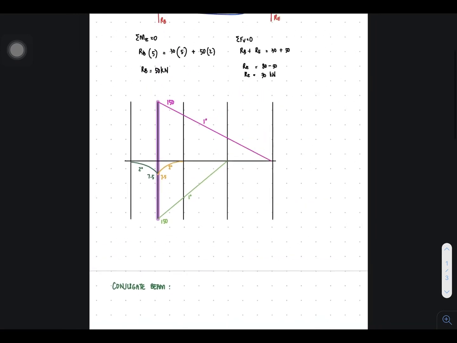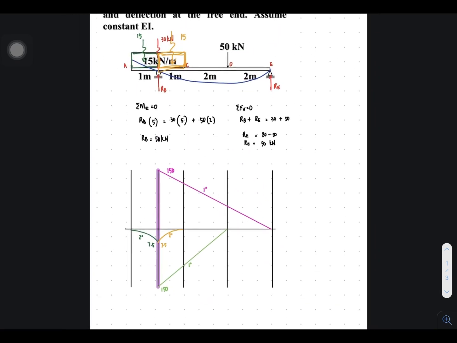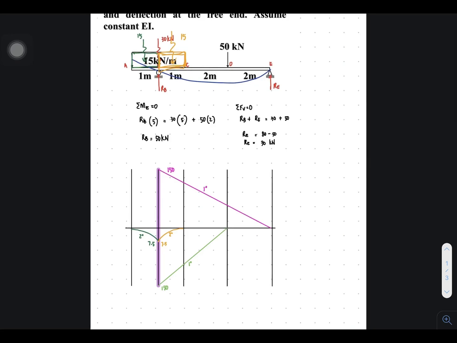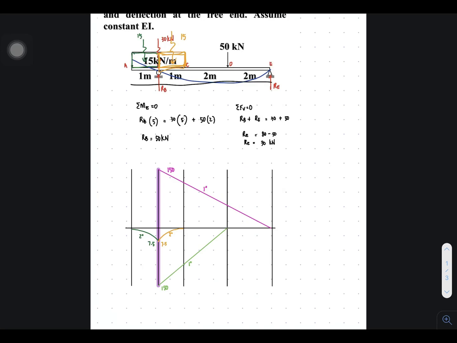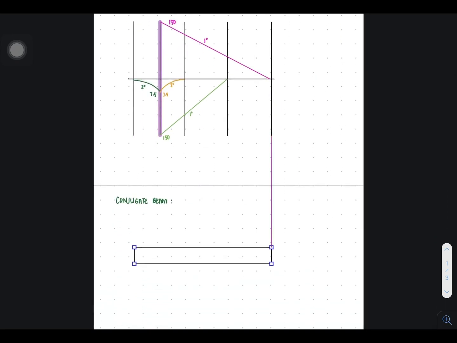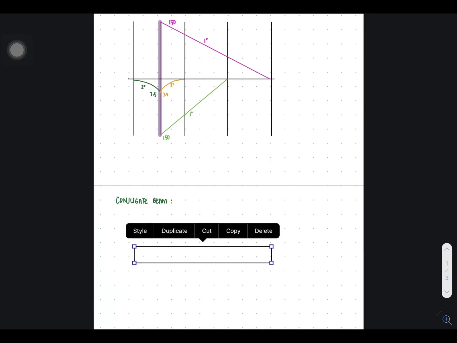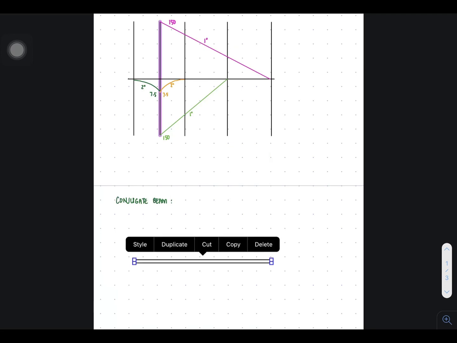So for the conjugate beam, let's copy the beam length. The beam length is 6 meters. So I'll just draw the same beam length. Oh, so I'm drawing here so that at least our beam is closer to reality. And then put it here.